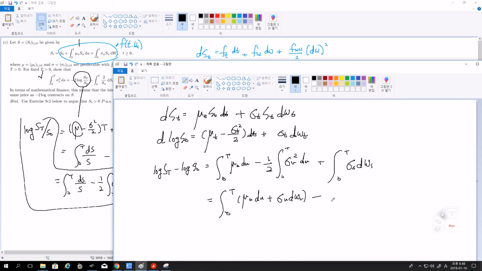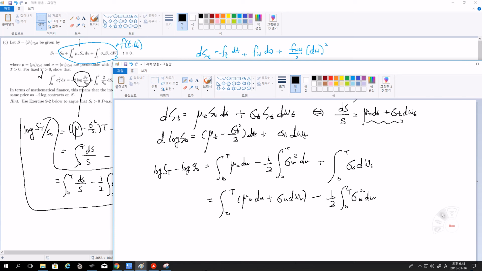And then minus σ_u² du. Actually, I need this square over here, but this is basically from here. What I can show is that dt plus σ_t dW_t.